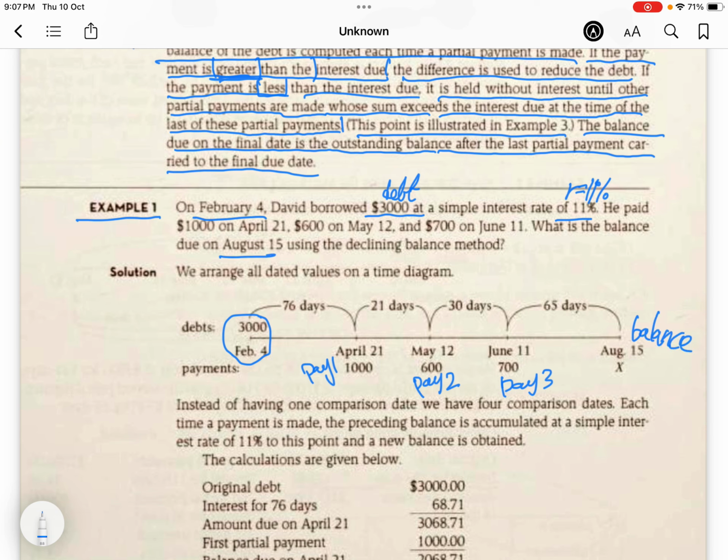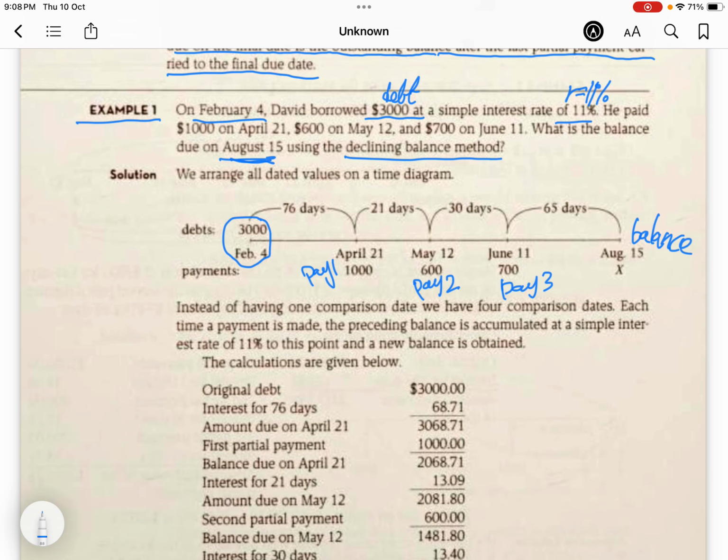on August 15, using the declining balance method? We arrange all dated values on a timeline, a time diagram. Here one debit, here three payments, and this is the balance.